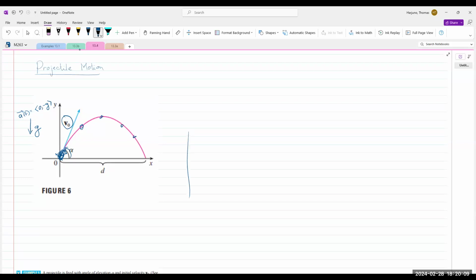So we are not talking about a missile. Like a missile, when you shoot it, it keeps on pushing. So instead of only having gravity influence the trajectory, the missile can actually change direction. You can turn it.